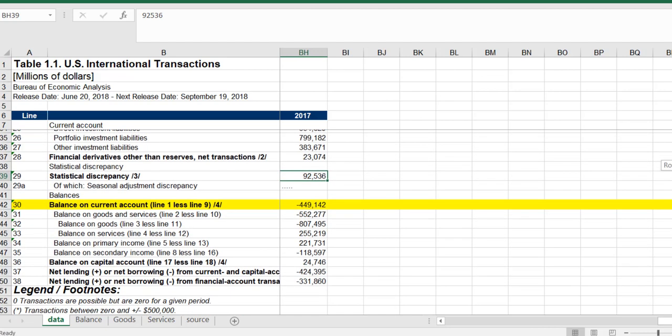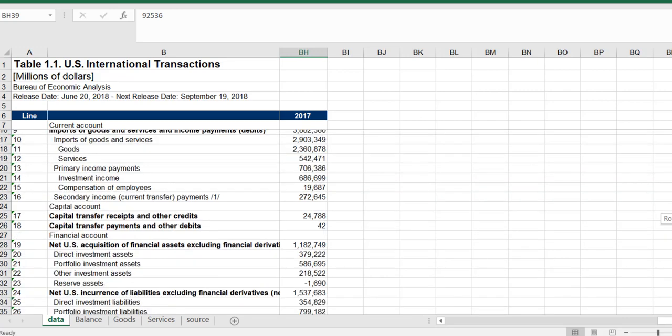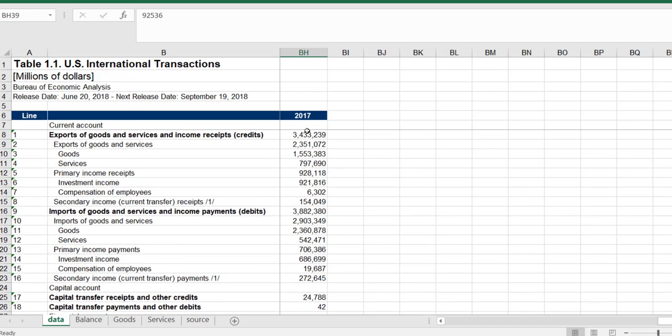Then the data from the Bureau of Economic Analysis does some treatment for us. So it shows us the balance on the current account, line 1 minus line 9. So we're talking about those computations we were discussing. Line 1, the total exports of goods and services and income receipts, minus the imports of those items.